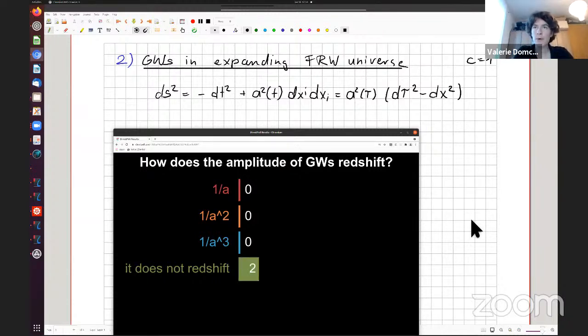But the question is now, what about gravitational waves? Do they redshift in the same way as photons, or do they redshift in a different way? Yeah, and the link is in the chat if you missed it earlier.